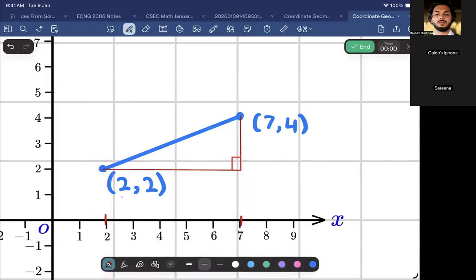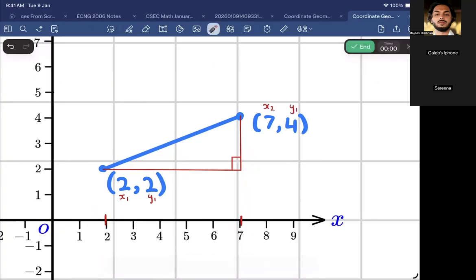You could probably call this x1, y1 if you want, and this x2, y2. x2 minus x1. Exactly right. If you want to find the distance between 2 points, you just subtract. So the difference between 2 and 7 is just 5.